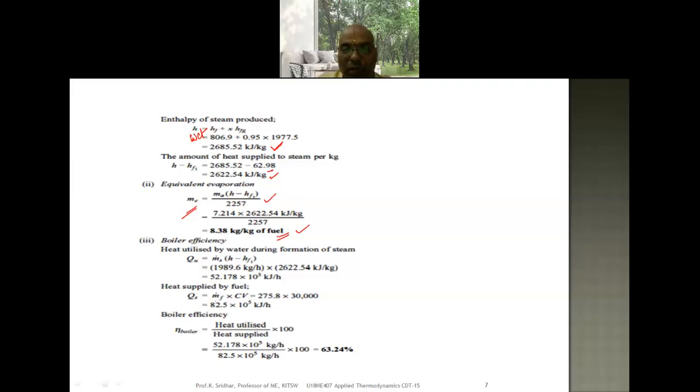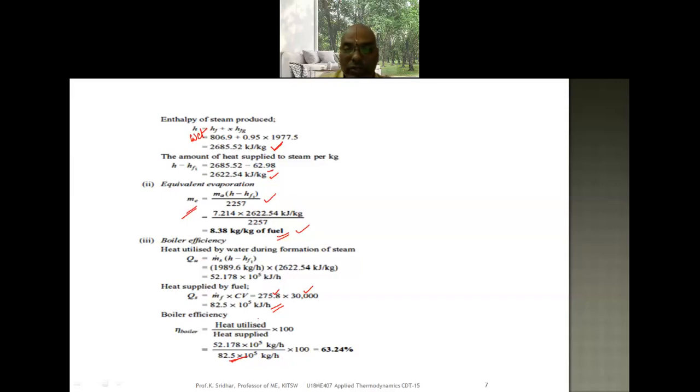Similarly, for the boiler efficiency, the heat supplied by the fuel is mf into CV. The mass flow rate of the fuel is given as 275.8 and the calorific value of the fuel is given as 30,000. The heat supplied by the fuel, the denominator value, we find as 82.5 into 10 to the power of 5 kJ per hour.